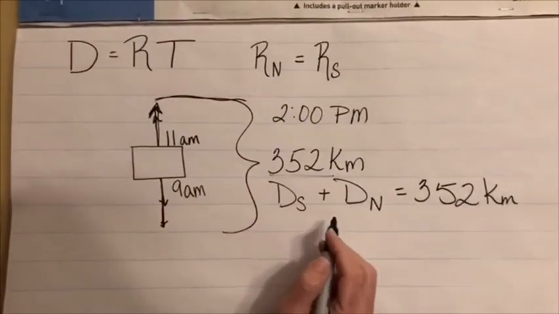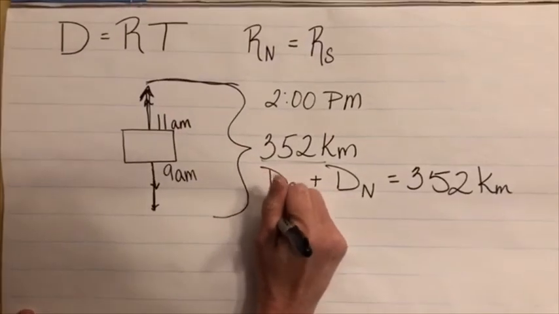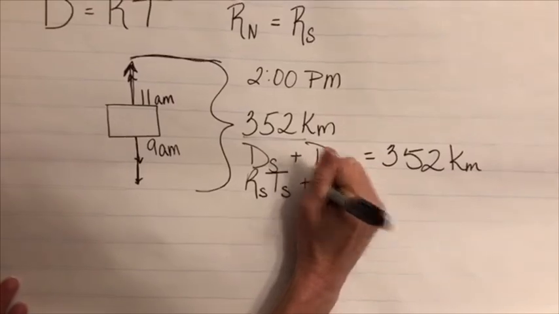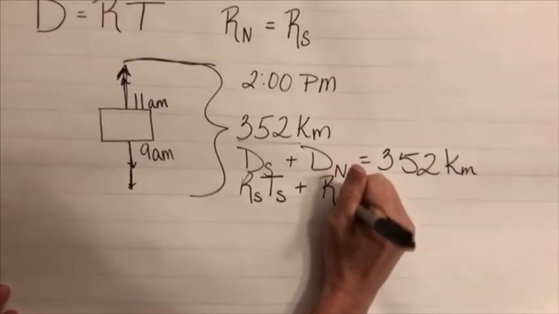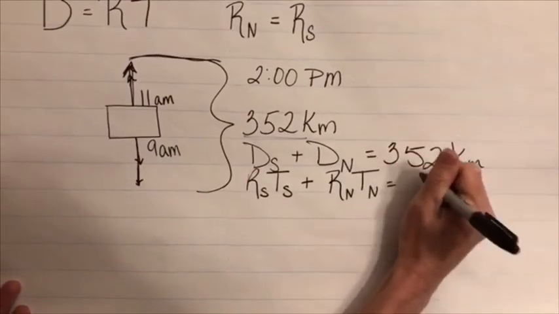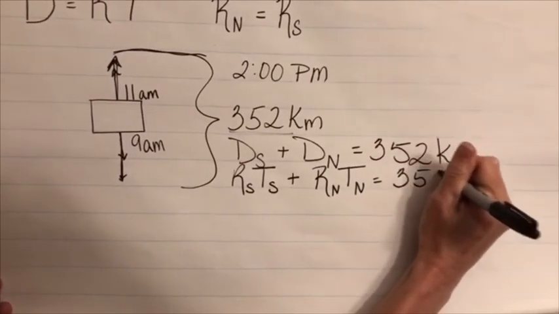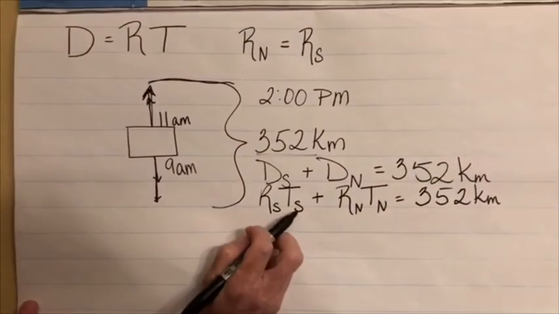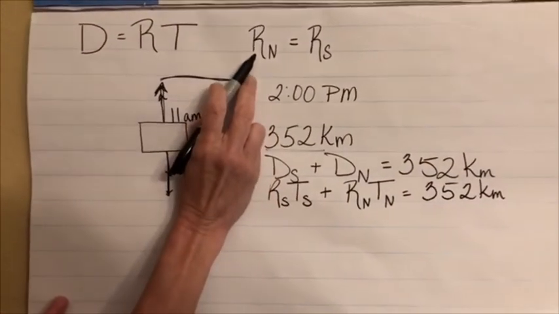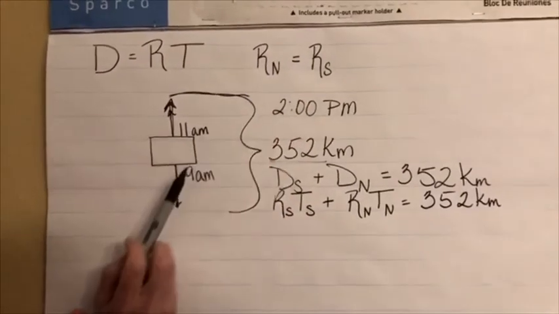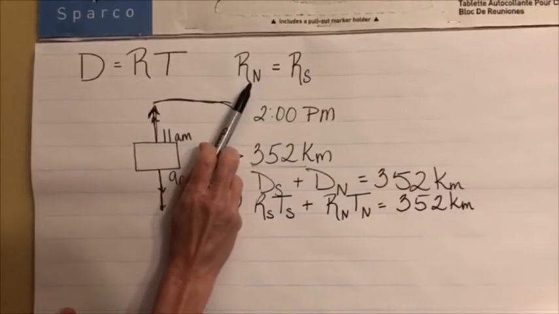So obviously we need the rate of the southbound bus times the time of the southbound bus plus the rate of the northbound bus times the time of the northbound bus is going to equal 352 kilometers. Okay, well, what did we know from the beginning? From the outset, we said, well, the rates are the same. And so that helps us significantly. Okay, that's the first thing we want to note.